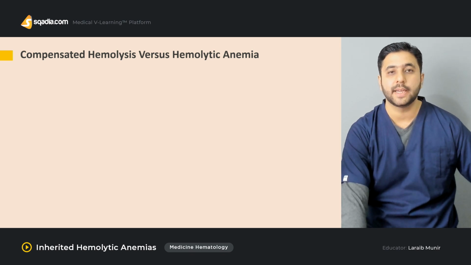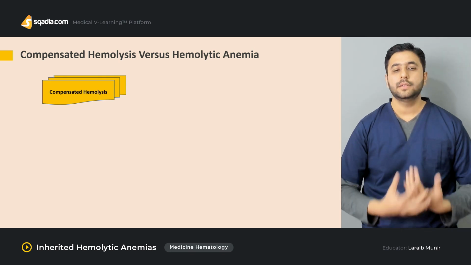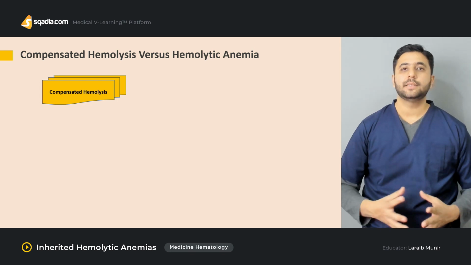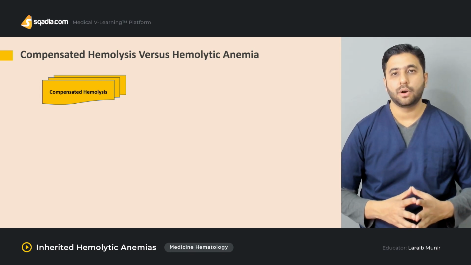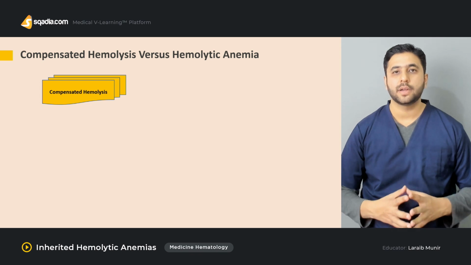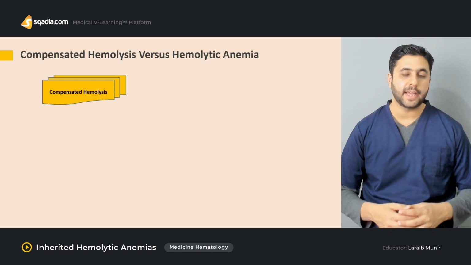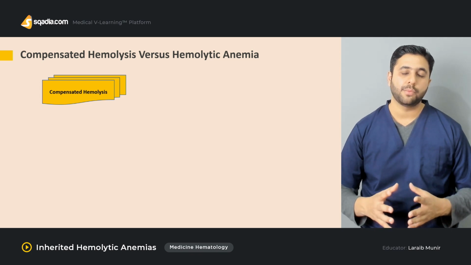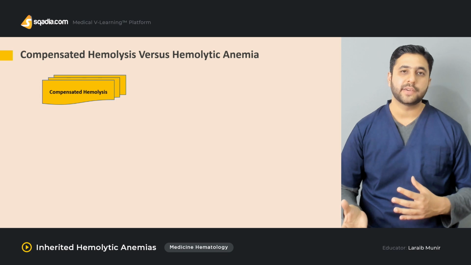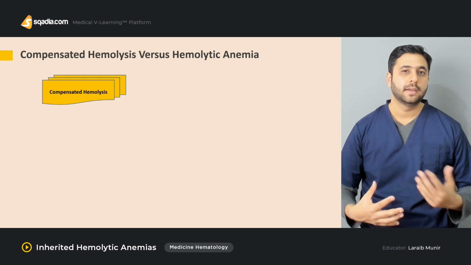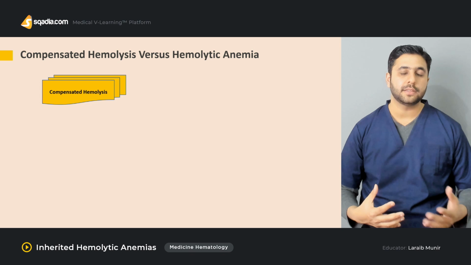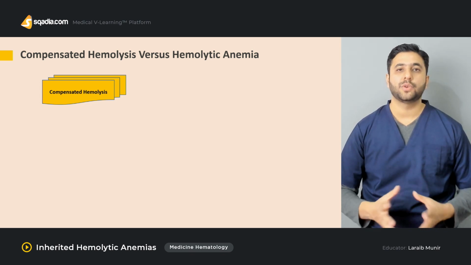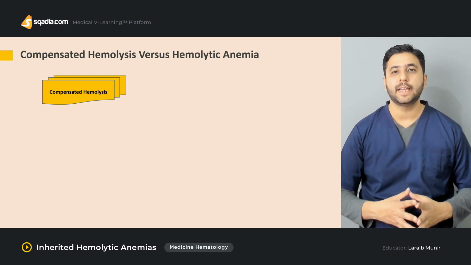versus uncompensated hemolysis, or the hemolytic anemias. Generally, when there is hemolysis of the RBCs in the body, the kidneys increase their production of erythropoietin, which stimulates the bone marrow. If the hemolysis is on a small scale, and there is not enough destruction of the RBCs to cause anemia, the released erythropoietin stimulates the bone marrow to release further RBCs, and that compensates for the hemolysis, and the anemia will not be clinically evident.